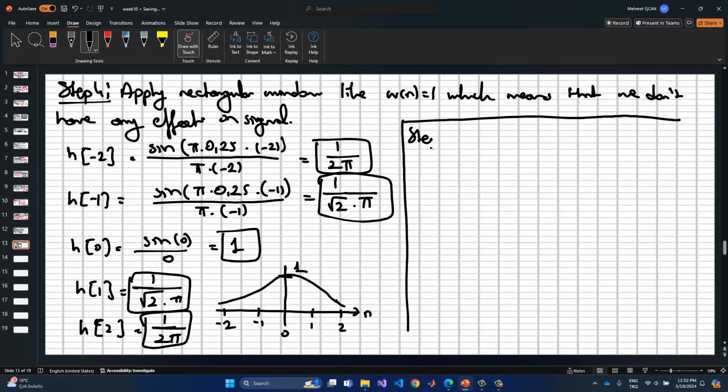Step 5, write the formula in here just like this one. y[n] equals the sum over k from minus 2 to 2 of h[k] times x[n minus k].